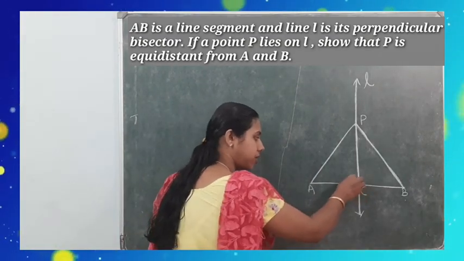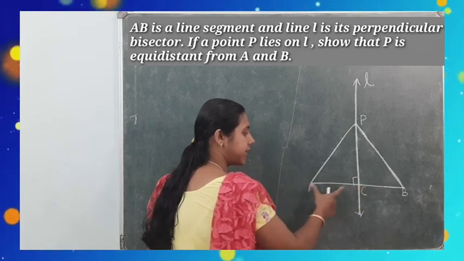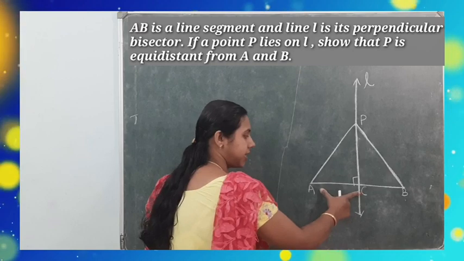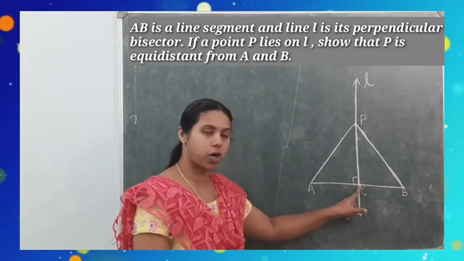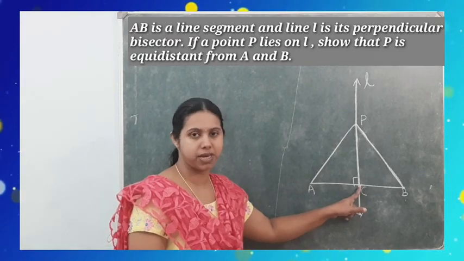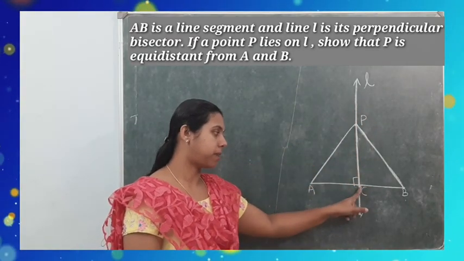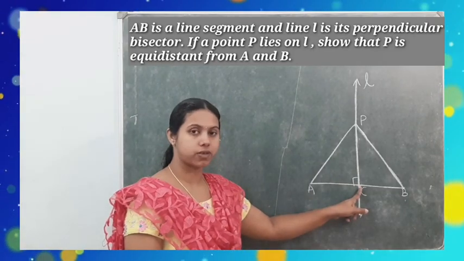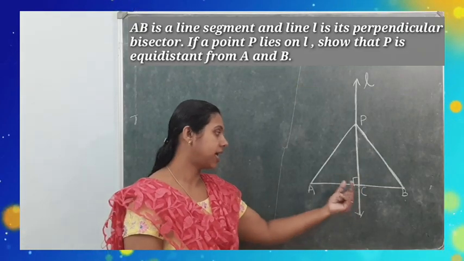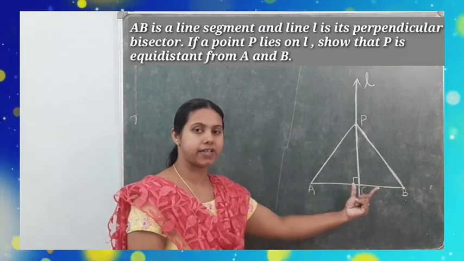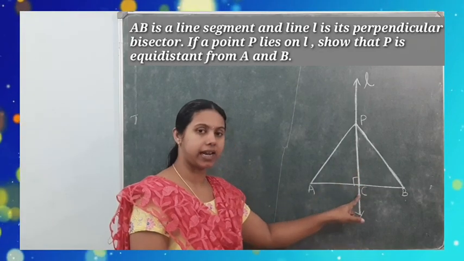It's perpendicular and at the same time it's the bisector also. So it divides the line segment into two parts, AC and CB. That means C is the midpoint of line segment AB, and it makes a 90-degree angle at the point C.